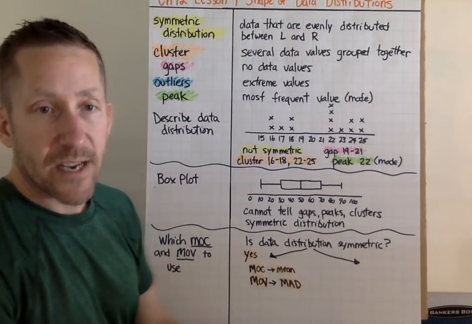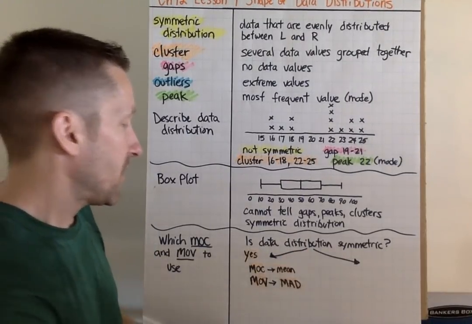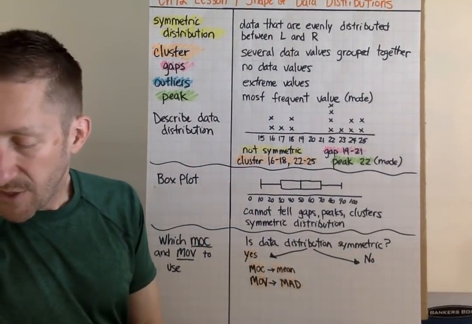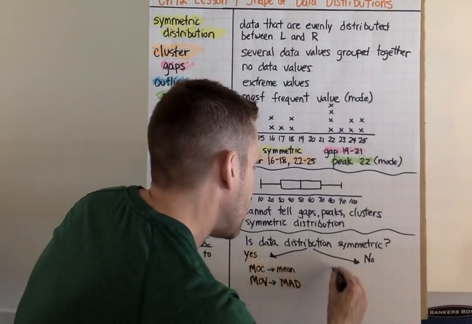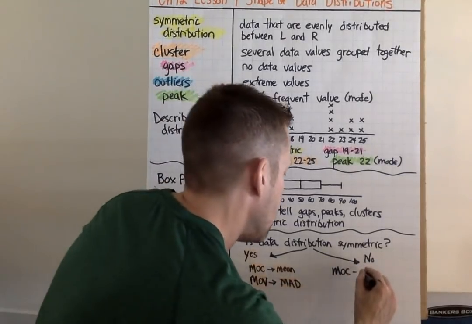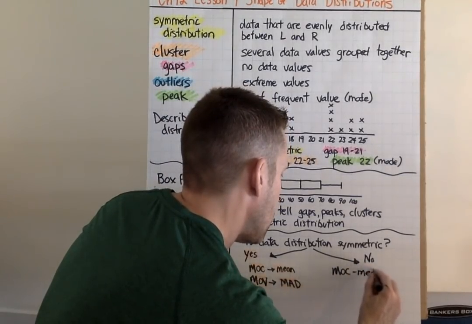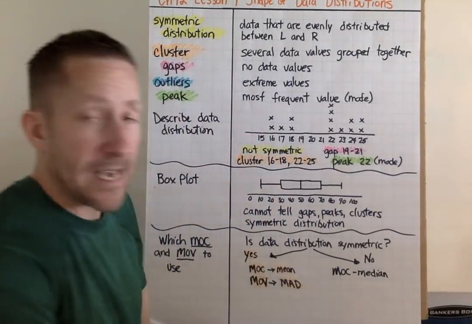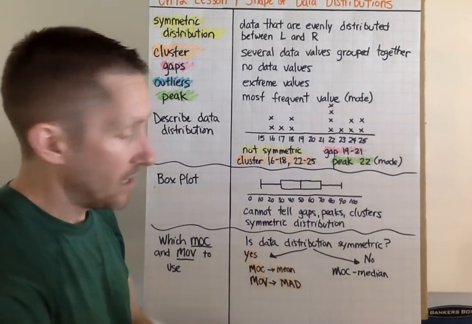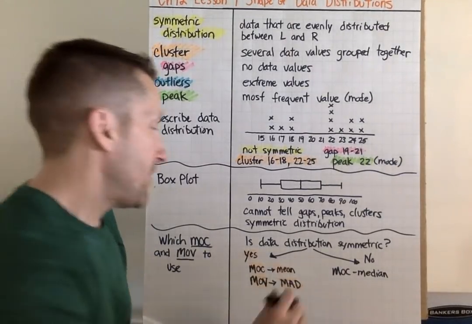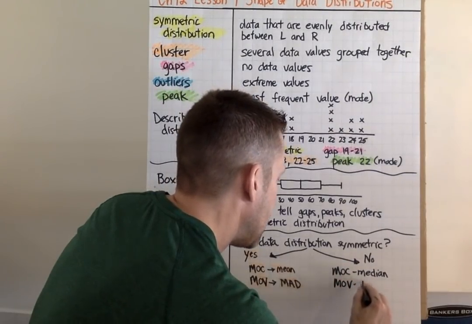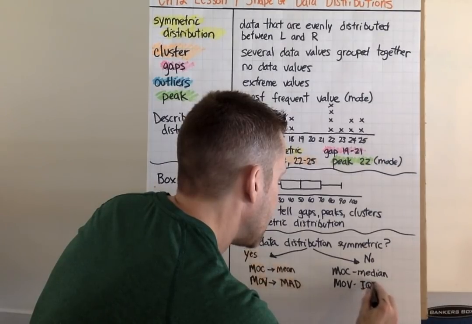If you look at your data distribution and you ask, is it symmetric, and you say no, it is not symmetric, then the best measure you would pick for your measure of center would be the median. Which is, again, you'd arrange all your data in order and cross out till you get to the very middle. Your measure of variability that you would want to use would be interquartile range.